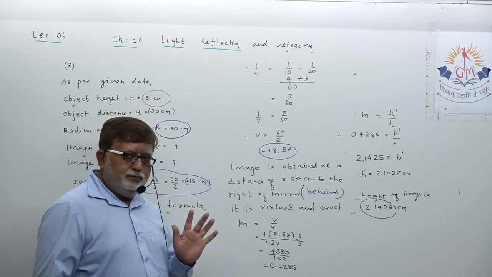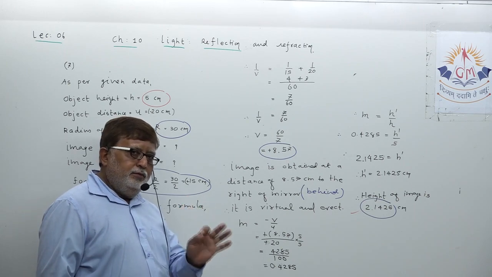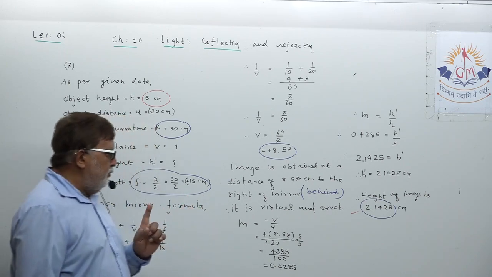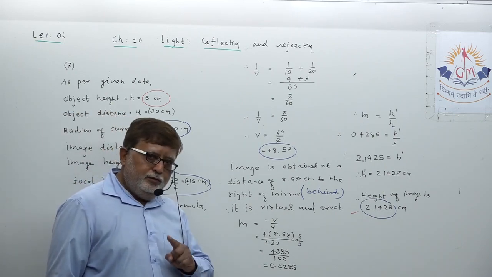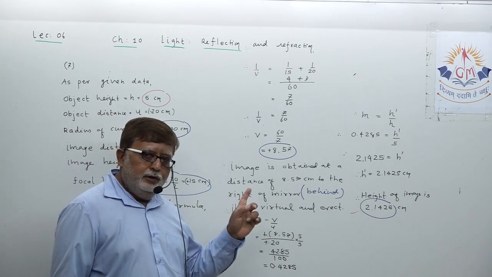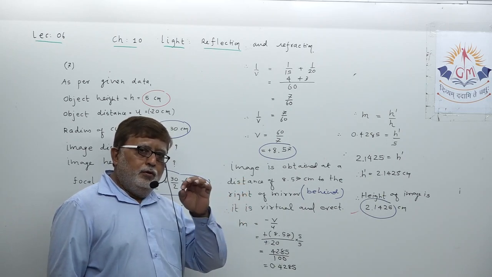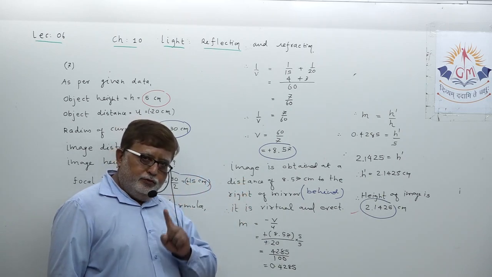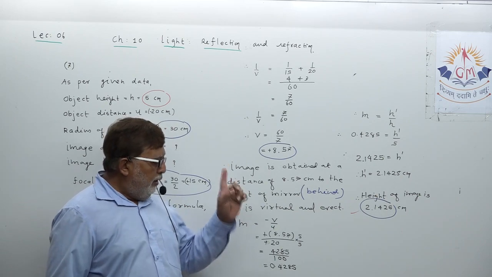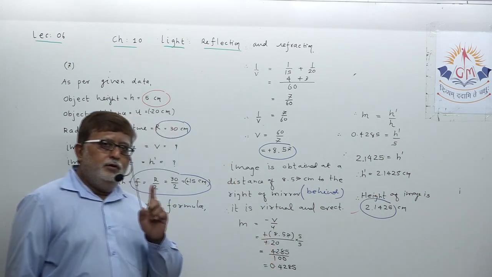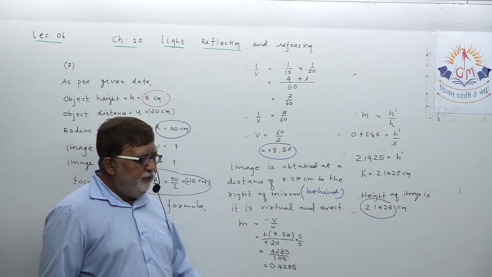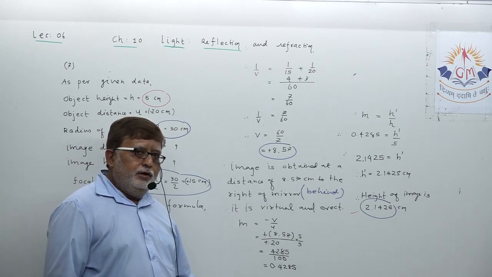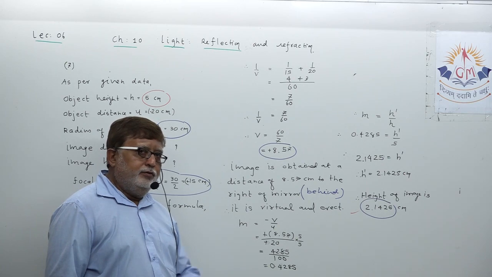As far as convex mirror is concerned, F always positive, V you will always get positive, M you will always get positive, H dash you will always get positive.